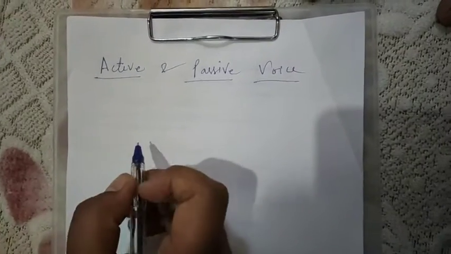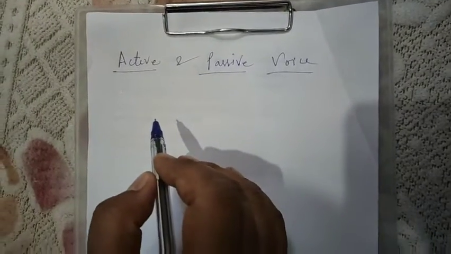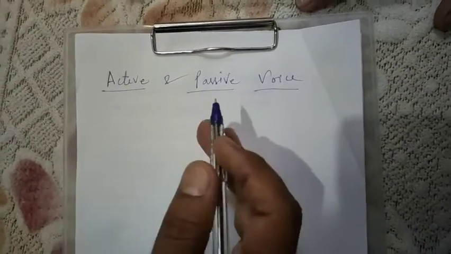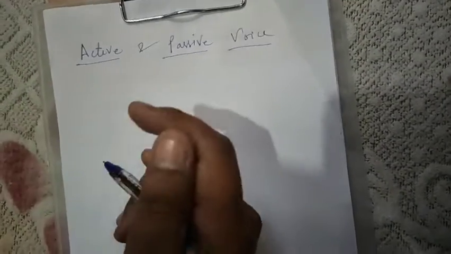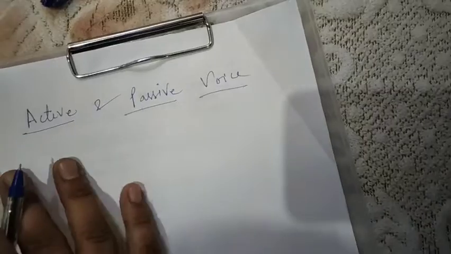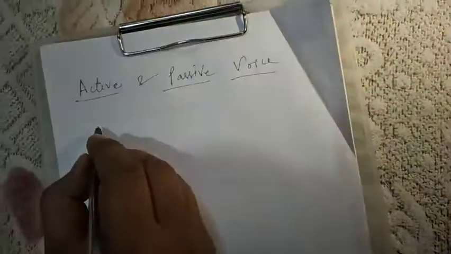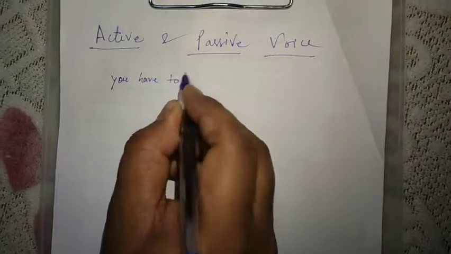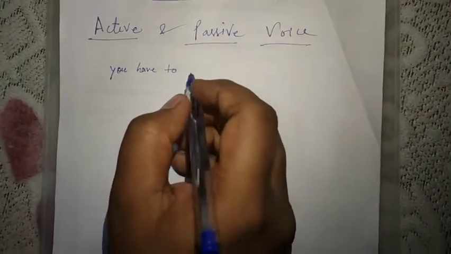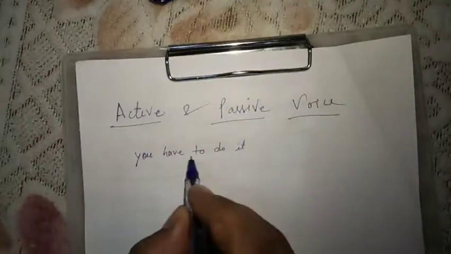In our last video, we discussed sentences starting with "it is time," such as "it is time to take tea" and "it is time to tell a story." Today we will discuss some more sentences like these.